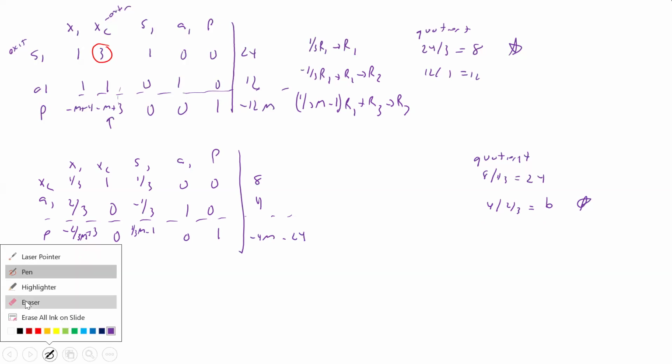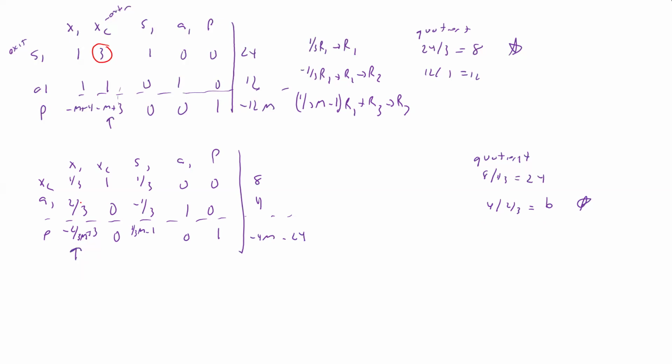And so if we make this one, that's going to be where our pivot is. Now, do I want to do them all at one time again? Well, I suppose I can. So we're going to have to take 3/2 row 2. So that's going to be the new row 2. If I take a minus 1/2 row 2 plus row 1, that's going to be a new row 1.